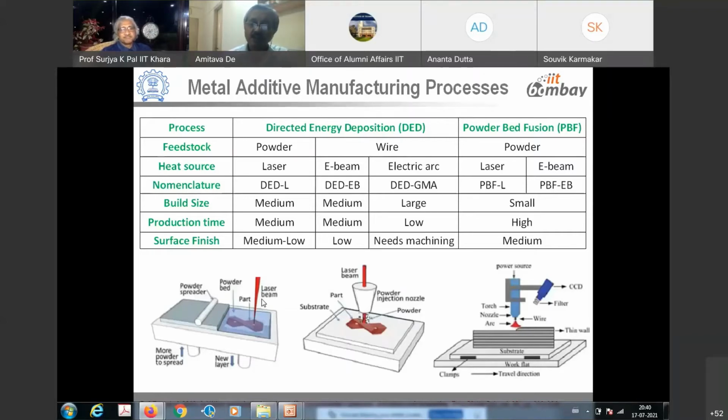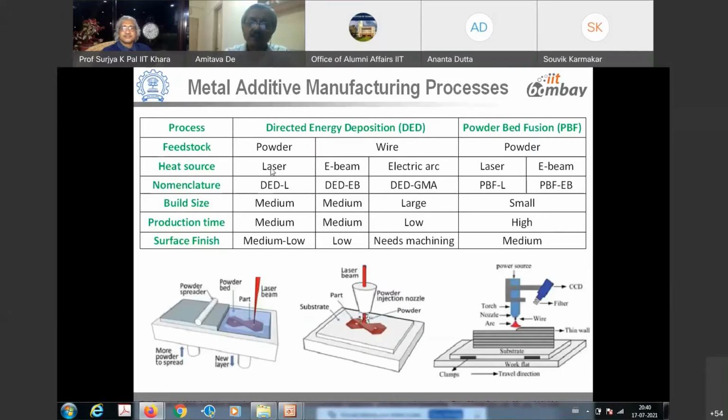In contrast, if we look at the other group, directed energy deposition, powder based and wire based, the powders, or powder alloys of metallic materials, travel along with the beam, which may be a laser beam, can be an electron beam, but most of the time it is a laser beam. As they travel through the beam, the powders get melted and deposited layer by layer, track by track, again to create a three-dimensional part.